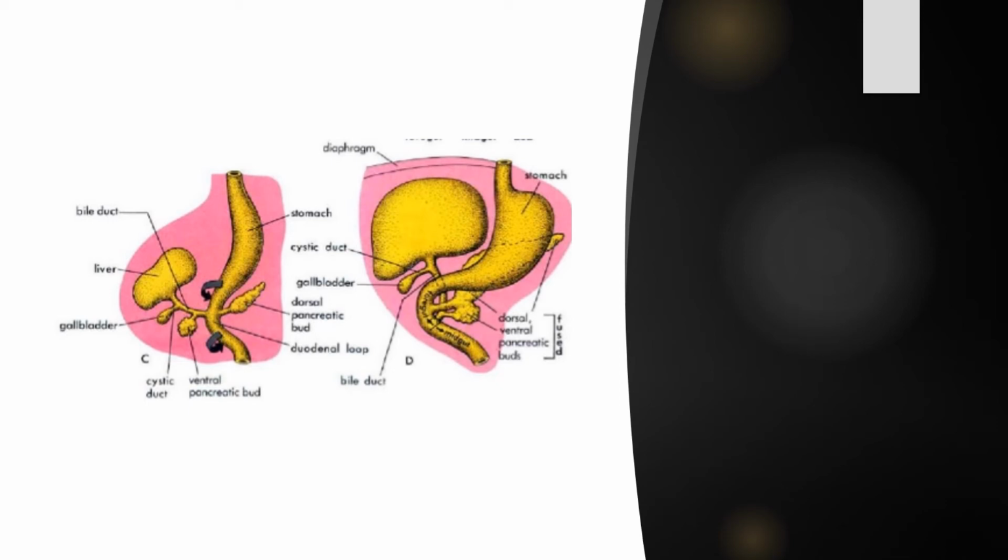And this part undergoes lysis. Lysis means previously the whole organ was covered by peritoneum; after lysis, a part of the peritoneum gets reabsorbed and becomes non-peritoneal. The same thing is going to happen here also.